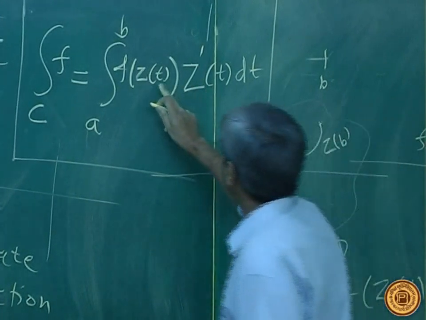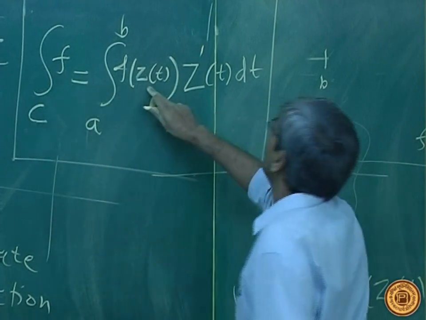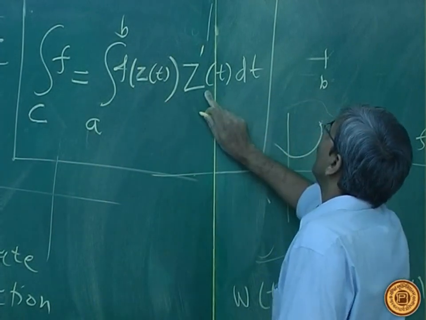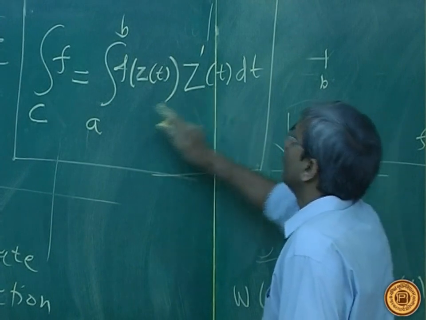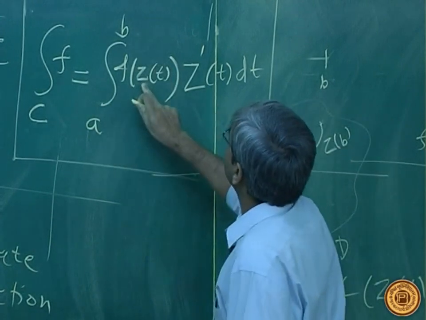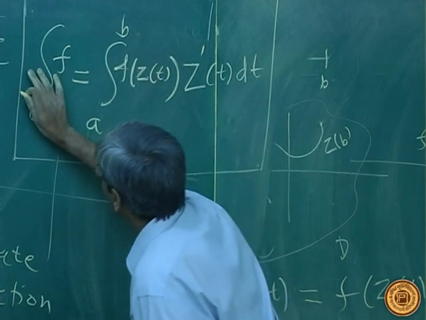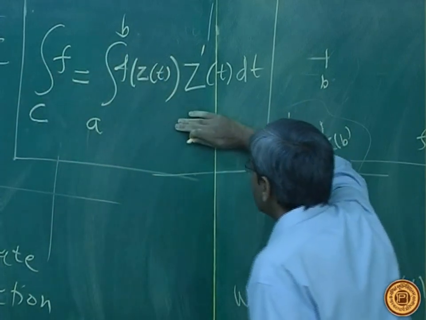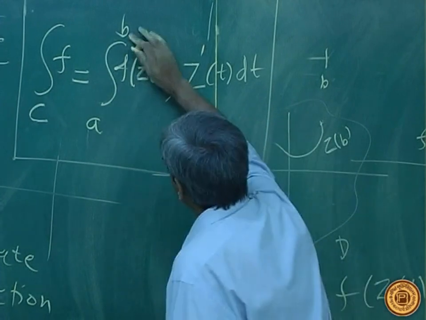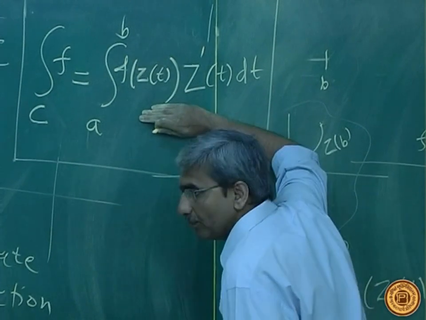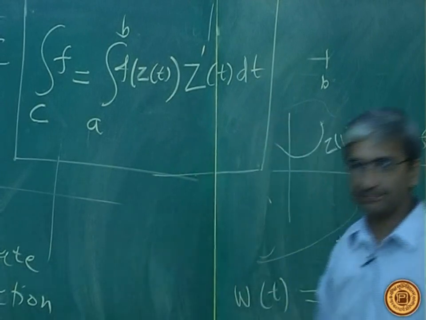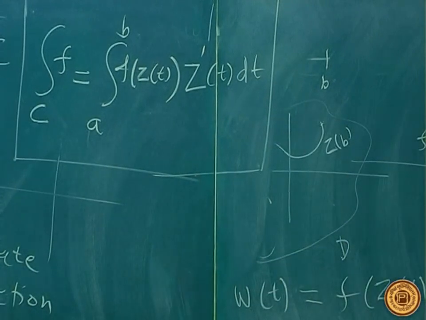We have defined what a contour means, we know what parameterization means, we know how to find z'(t). What are a and b? The z(t) is defined on the parameter interval [a, b]. So this contour integration finally turns out to be an integral on a certain real interval of a complex valued function of a real variable t.